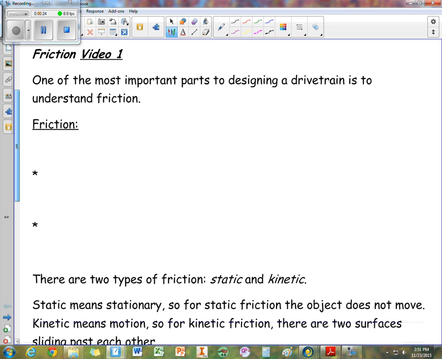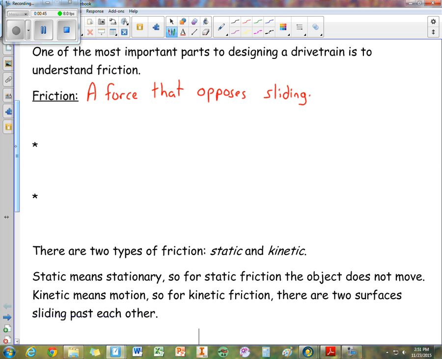Friction. This is a force that opposes sliding. So, a couple things about friction. It's a reaction force only.